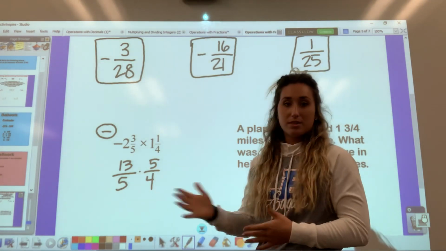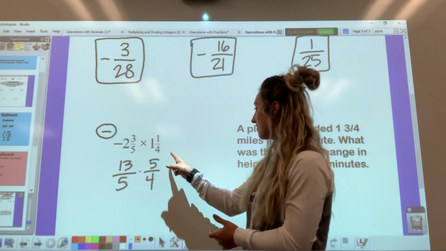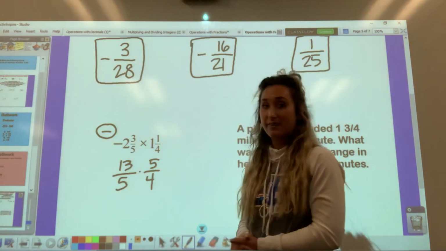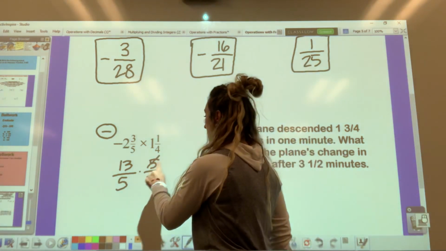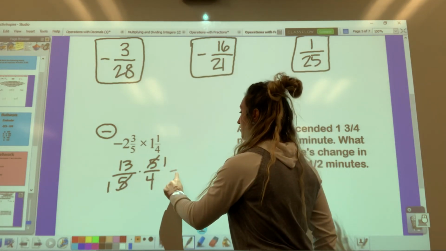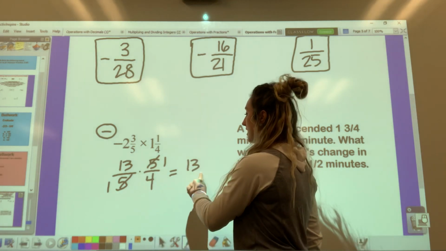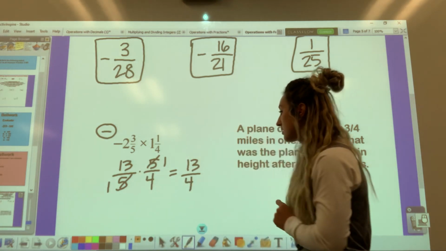So now we'll work with this problem. There are the obvious common factors here of 5 and 5. Can divide both of those by 5 to get 1. And now we'll multiply straight across. We get 13 times 1, which is 13. 1 times 4 is 4.